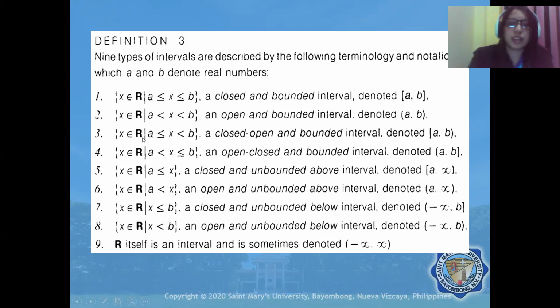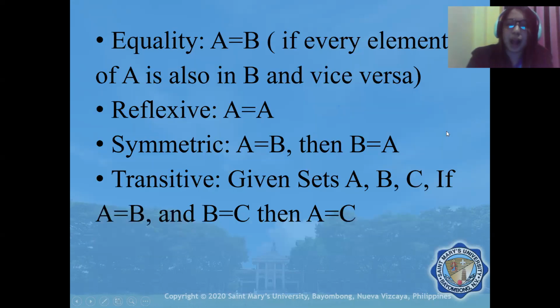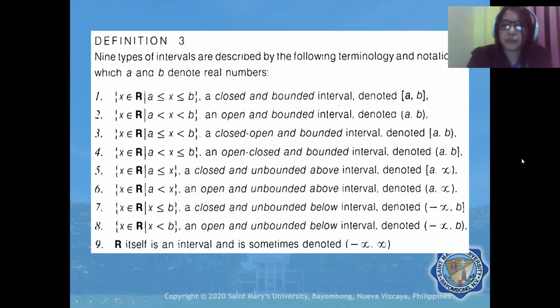For number 3, it is closed-open because X is greater than or equal to A, but only less than B. So it's one-sided. It's a closed bracket for A, but an open bracket for B. So we use a square and a round bracket.